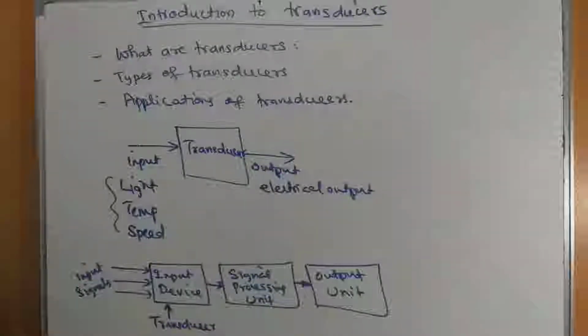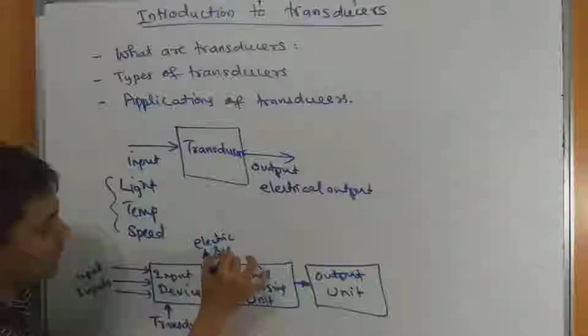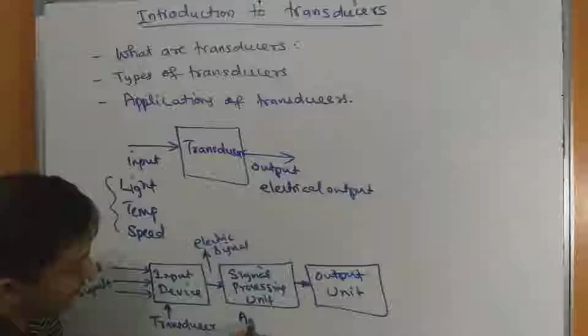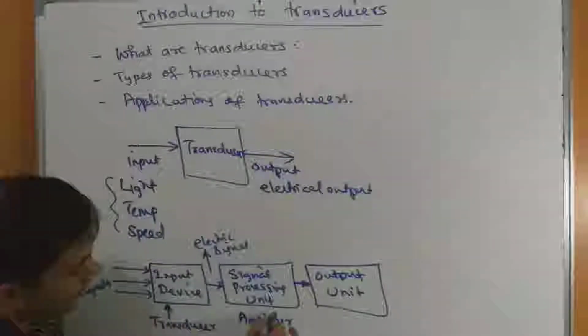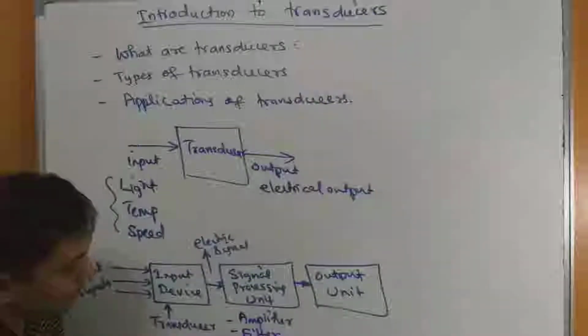Once the signal is transferred from a physical form into an electrical signal, what you get is an electrical signal. This electrical signal feeds into a signal processing unit, which could be as simple as an amplifier, a filter, or an attenuator.